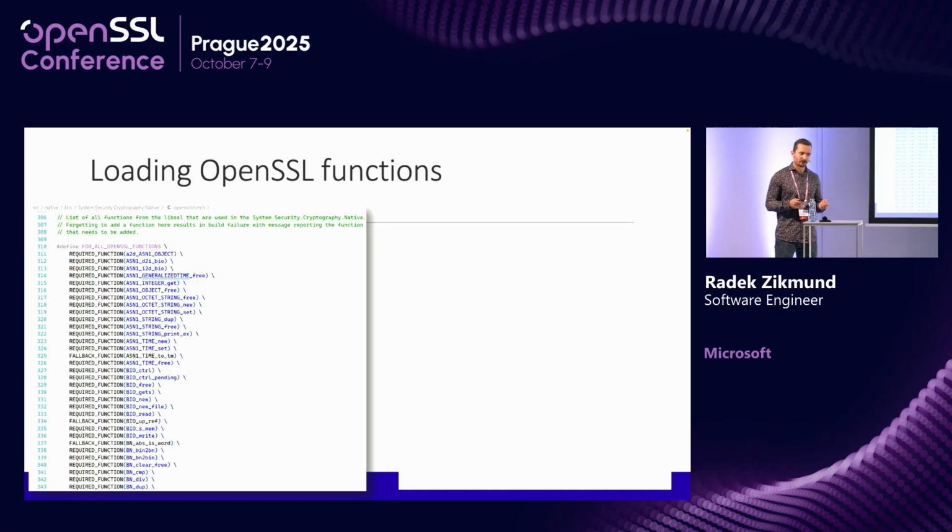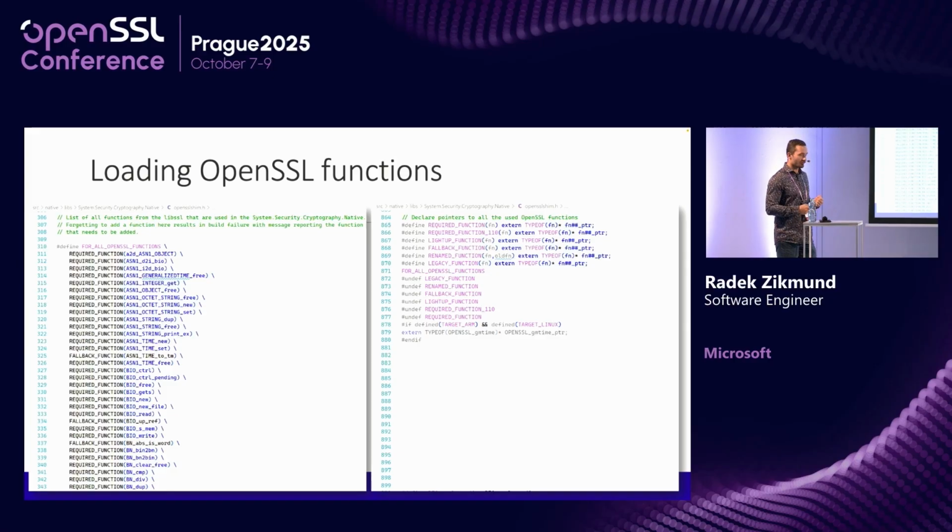So what we have in our source code is some big macro for all OpenSSL functions, where every function which we are ever going to use from OpenSSL is listed. And there are some tags around it. So there is required function, there is fallback function. I will be talking about these in a moment, because that's what actually allows us to handle different versions, because some functions may be missing in some versions, etc.